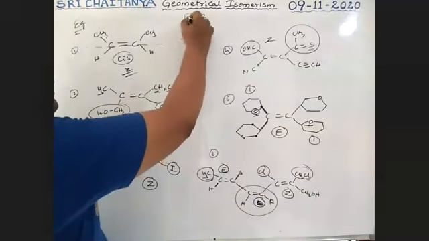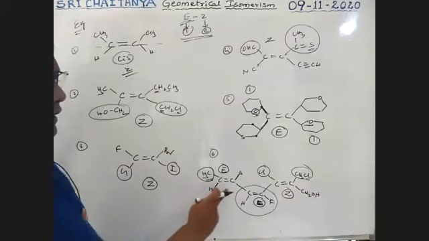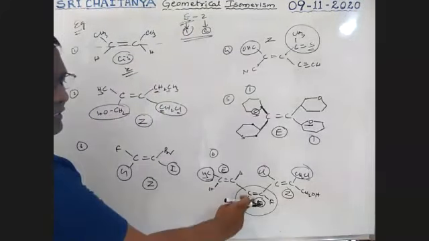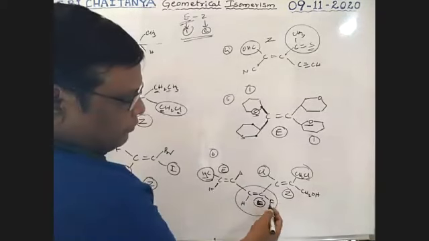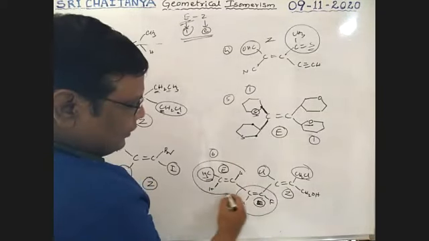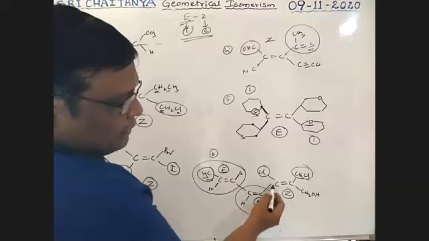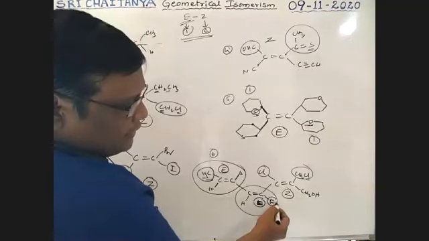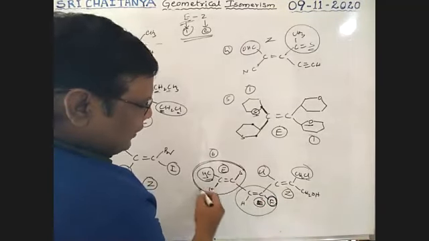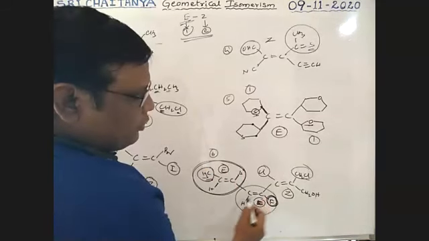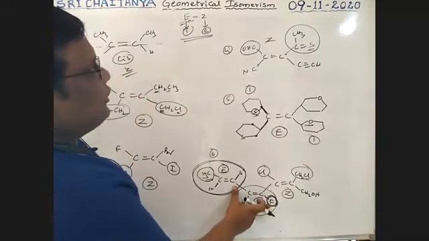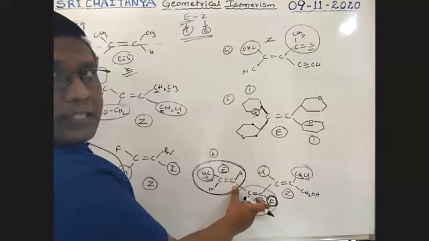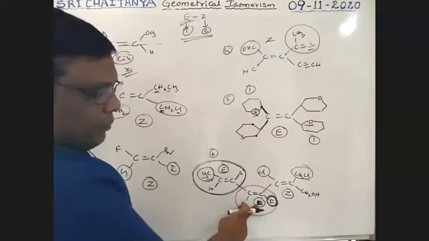Trans is nothing but E form. Next, at this double bond, see here. This is carbon, this is chlorine, these are the bulky groups. This is a bulky group, this is a bulky group. Therefore, it is a trans. Therefore, it is E format.